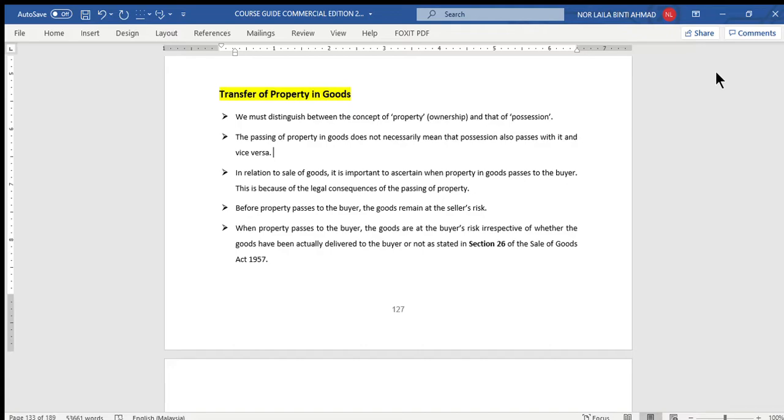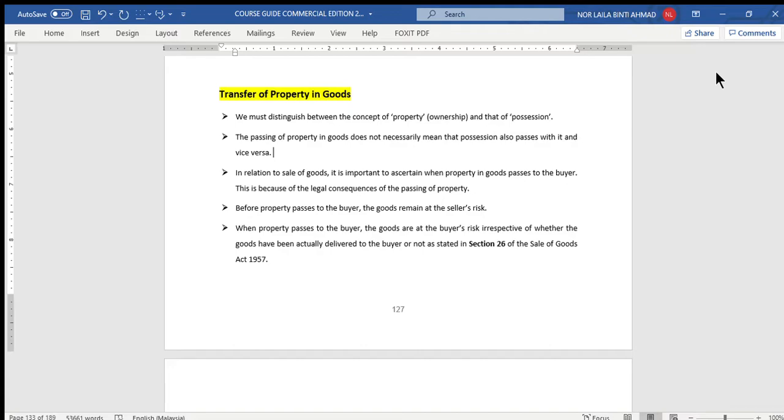Is the seller or buyer? We need to ascertain this, okay, because in the end of the negotiation we are going to find who will be liable to pay the compensation. That's why this rule is very important.